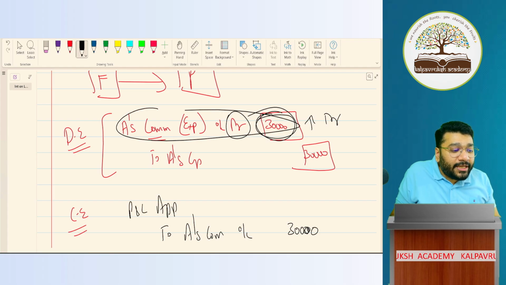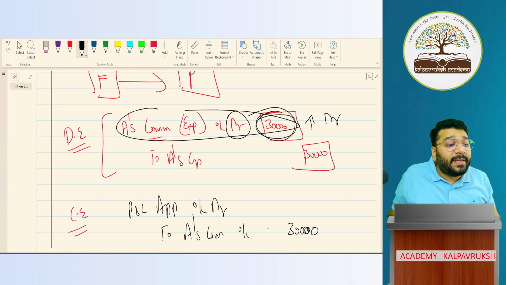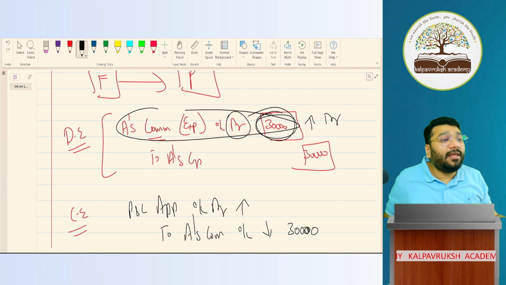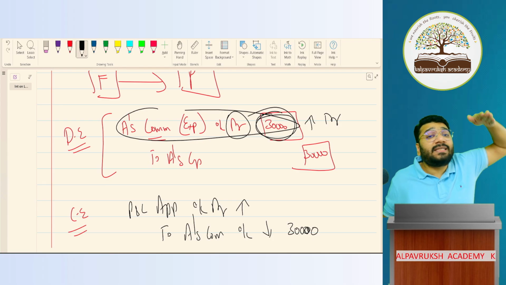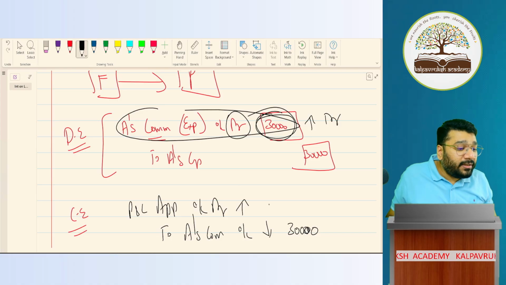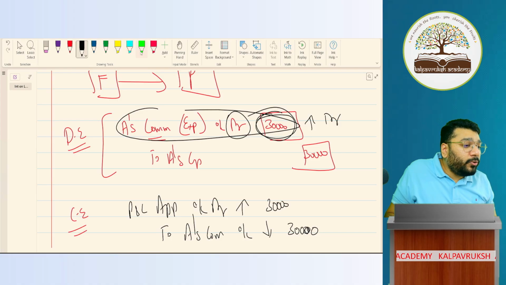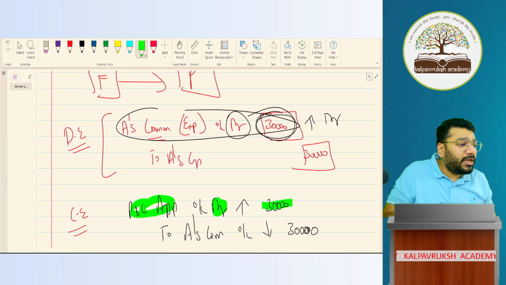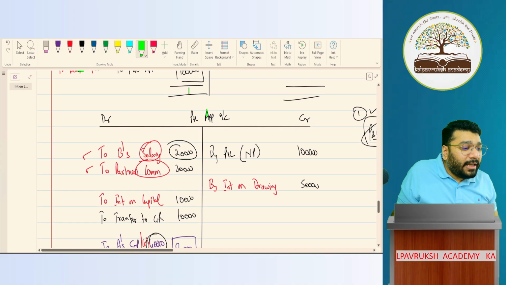And where am I transferring this to? P&L appropriation account debit. So now expense is reducing from the commission ledger and it is increasing in the appropriation ledger, 30,000. So how to do posting, sir? Record 30,000 on the debit side of the appropriation account. Go to the P&L appropriation account, debit side, record 30,000.